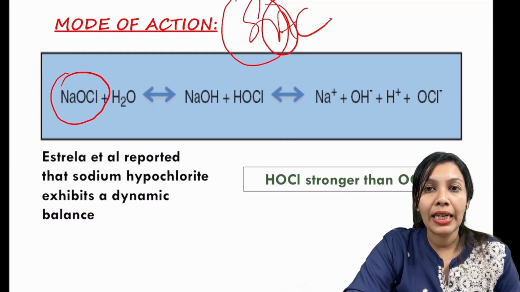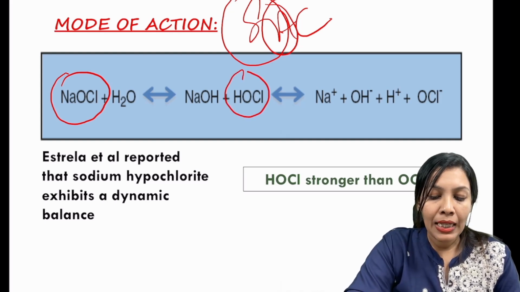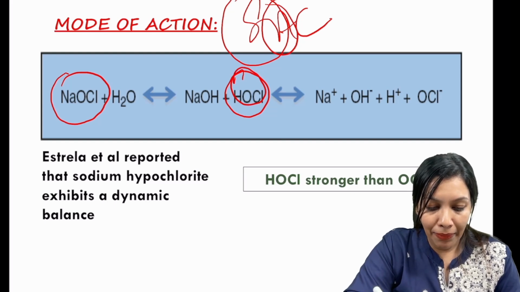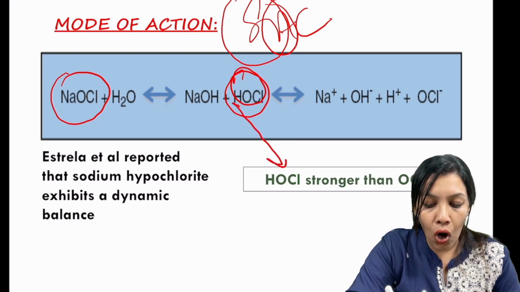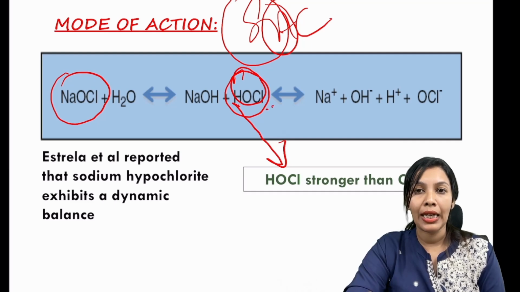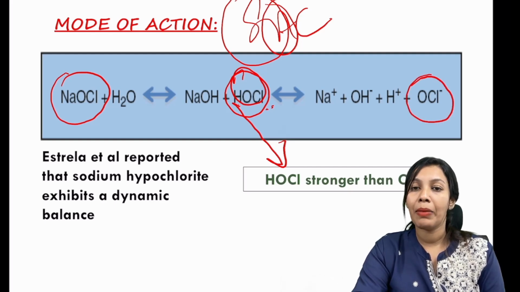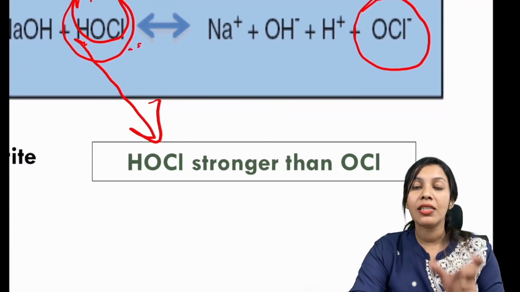When NaOCl contacts water, it gets converted into NaOH and HOCl. This HOCl is the stronger material and causes the action. All the reactions are caused by HOCl. Further, it can dissociate to form OCl minus, but the stronger agent is HOCl.